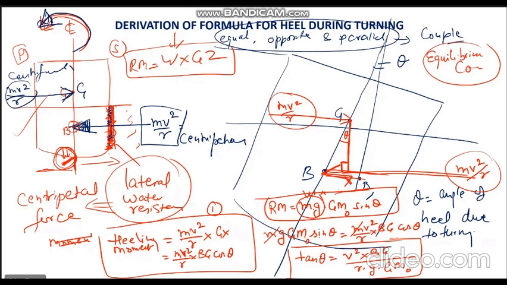In this diagram, you have drawn the perpendicular from G, mark GX, mark theta. Now, in the equilibrium condition as drawn above, heeling moment is equal to mv square upon r into GX, which is equal to mv square upon r into BG cos theta.